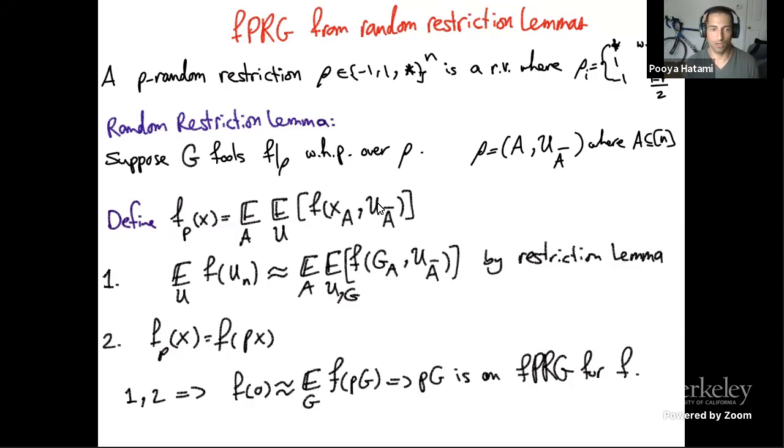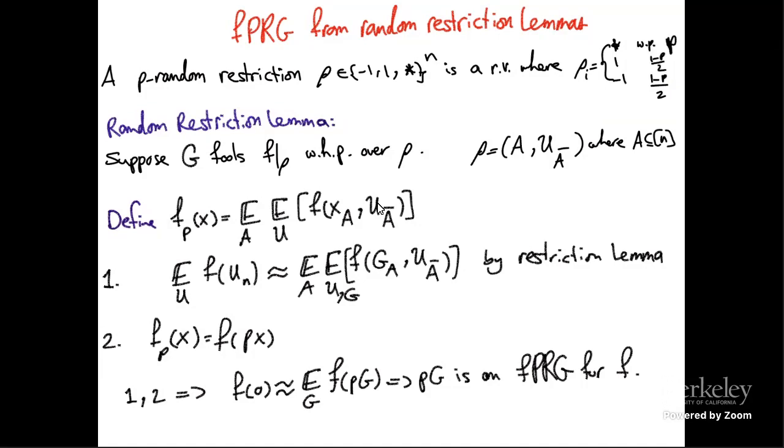So maybe we can fool this expected function easier, but yes, you could formalize it in different ways. But I think the general thing that's interesting is that we didn't need to look at the family F. So as long as you can show a truly random restriction simplifies the family, then you get some PRG out of it.